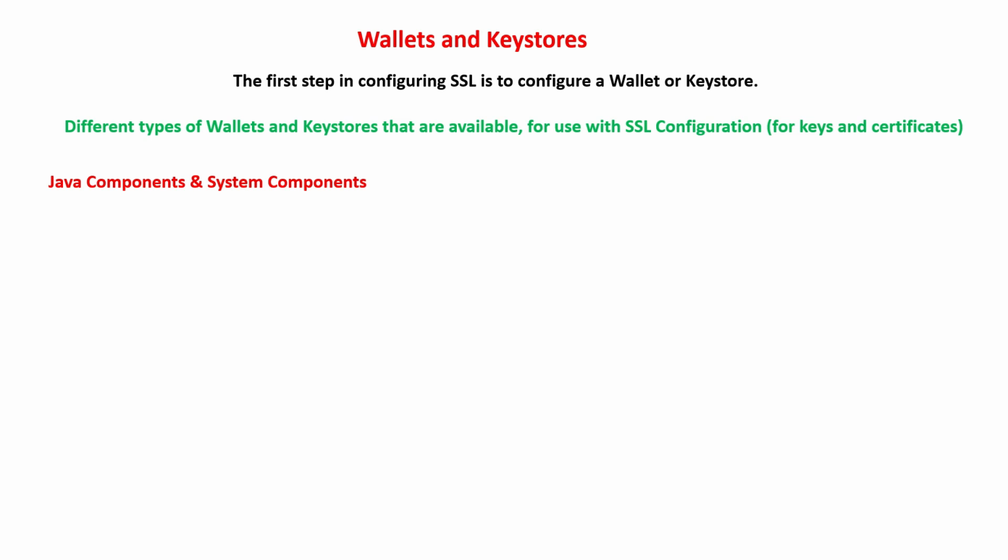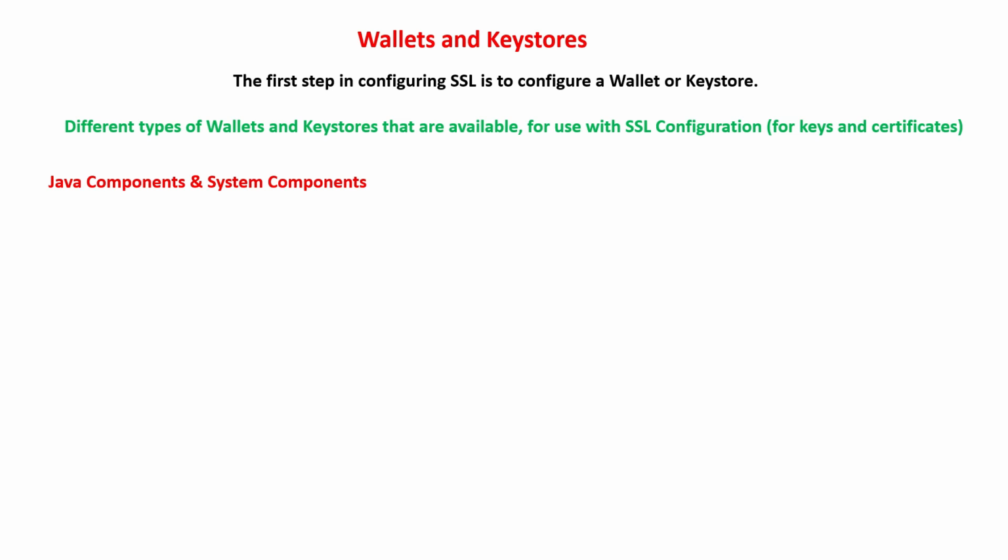Some of the components are a bit different from Java, meaning they are built or developed in other languages as well. Not completely, but they have certain subsystems that have been developed in other languages like C or C++. And some of the components are developed in Java.